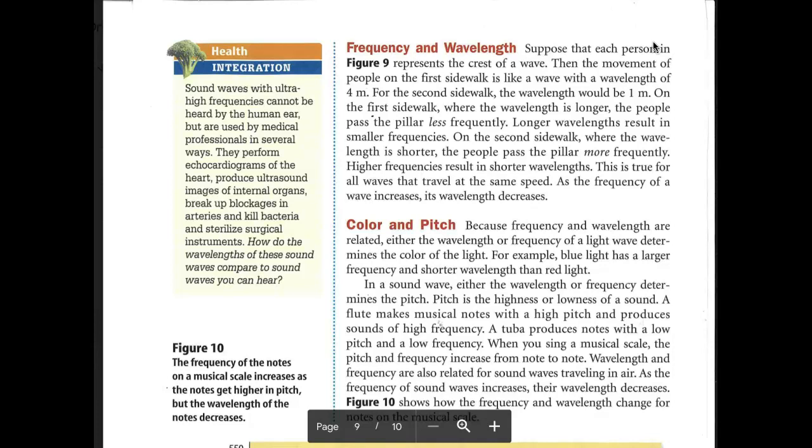Longer wavelengths result in smaller frequencies. On the second sidewalk, the wavelength is shorter, and the people pass more frequently. Higher frequencies result in shorter wavelengths. This is true for all waves that travel at the same speed. As the frequency increases, the wavelength decreases.